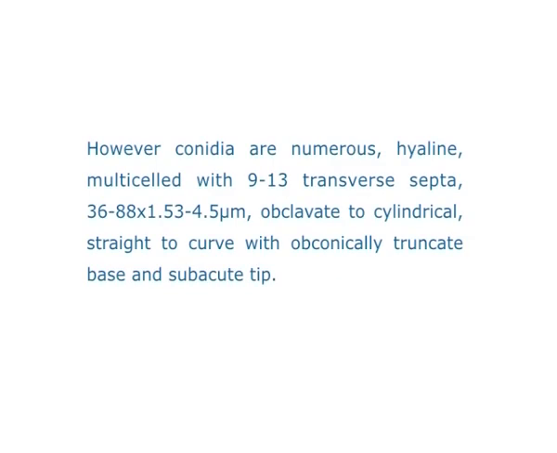Conidia are numerous, hyaline, multicelled with 9 to 13 transverse septa, 36 to 88 by 1.53 to 4.5 micrometer, obclavate to cylindrical, straight to curved with obconically truncate base and subacute tip.